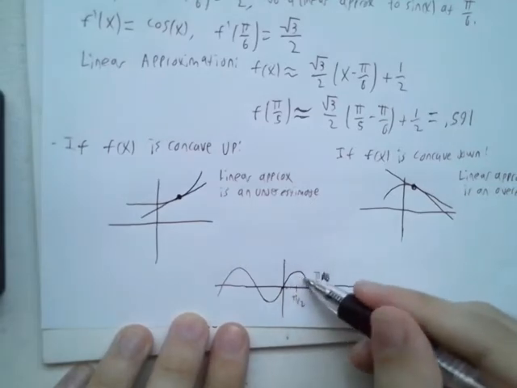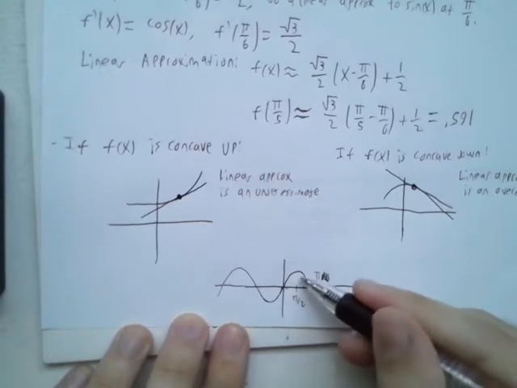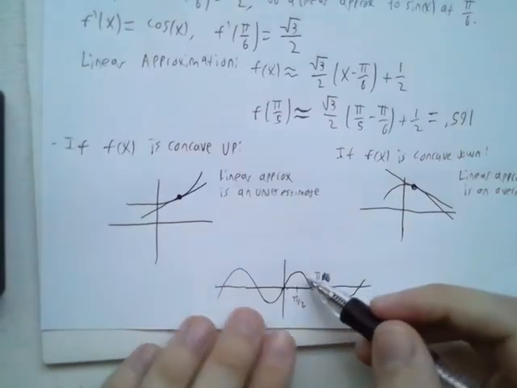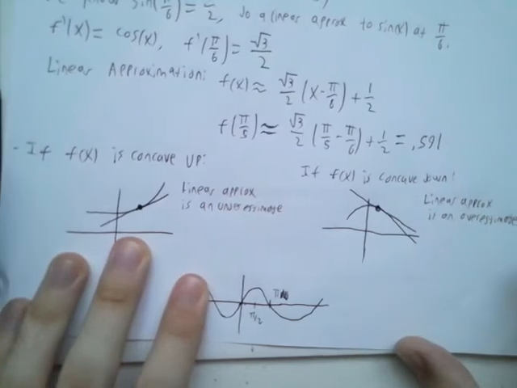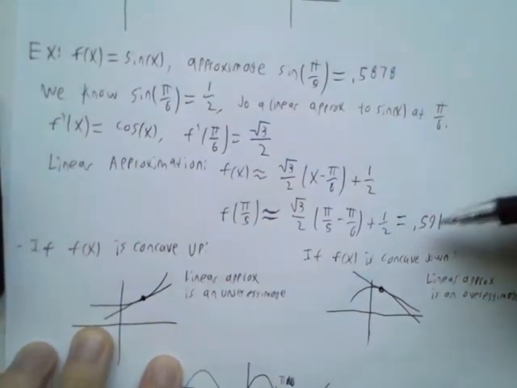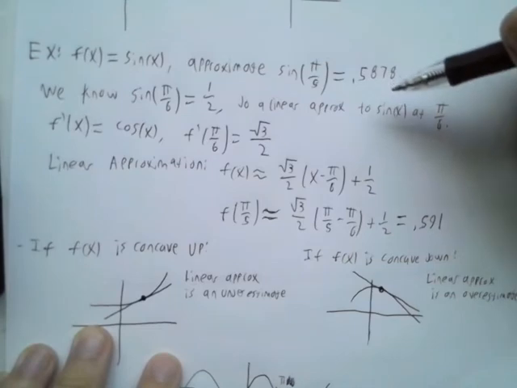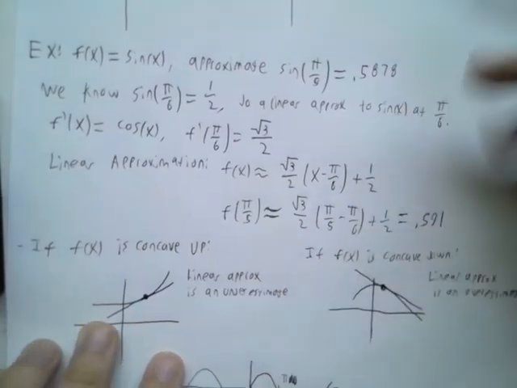And we can see that in this region, the function is concave down. So you would expect our linear approximation to be an overestimate based on this claim here. And if we look back at the values that we got, our linear approximation gave 0.59. The actual value was 0.587. So we did indeed get an overestimate using our linear approximation. This agrees with what we expect from these pictures.